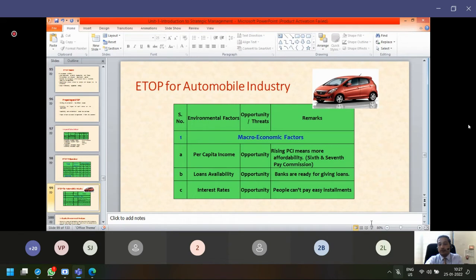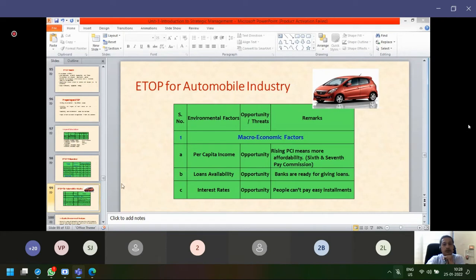In this step, you have to translate all those marks, or whatever score has been achieved for each factor, into a statement of opportunity or threat. Whether it is an opportunity or a threat, we will have to mention that.